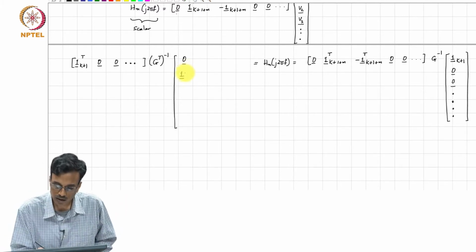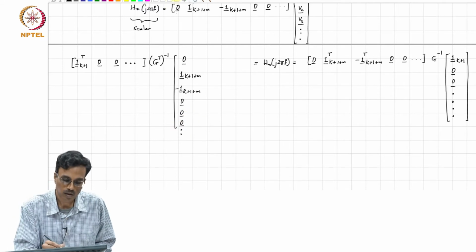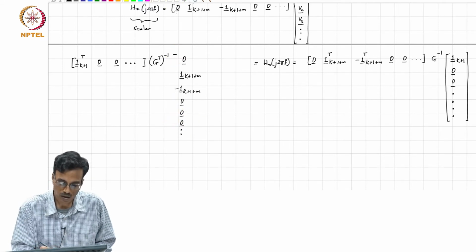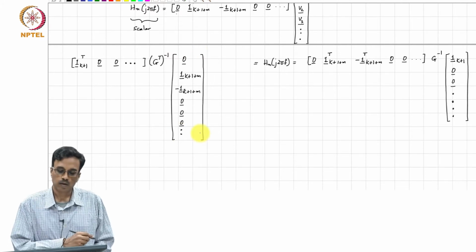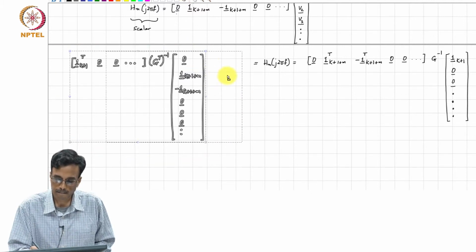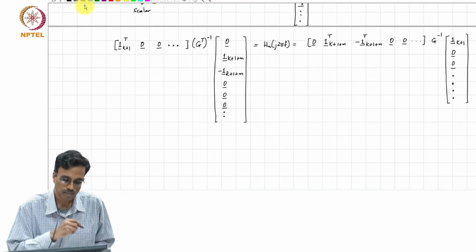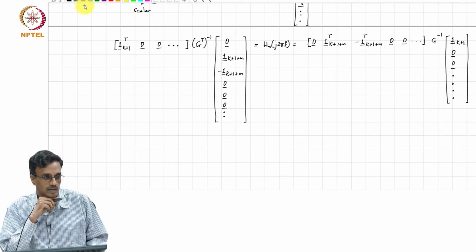So, this is going to be 1 K plus 1 plus m, this is minus 1 K plus 1 plus m, and 0 0 0 and so on. Okay. Does that make sense? All right.